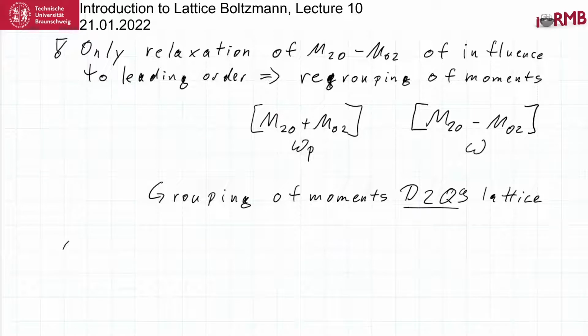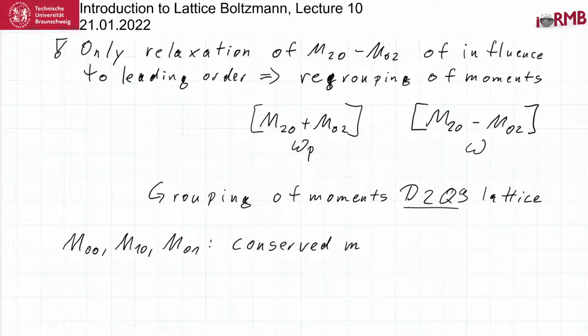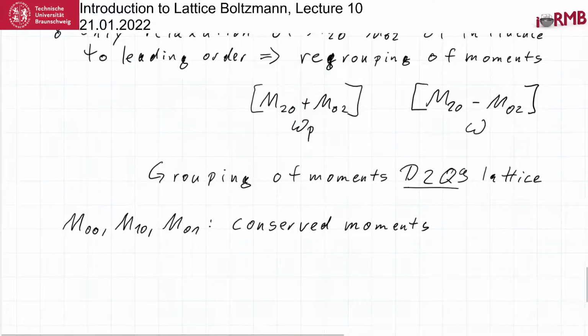They are now grouped like this. We have M00, M10 and M01, and these are the conserved moments. So they do not change in the collision. In BGK, this is done by having their equilibrium being equal to their pre-collision state.